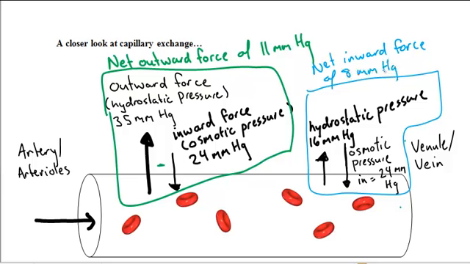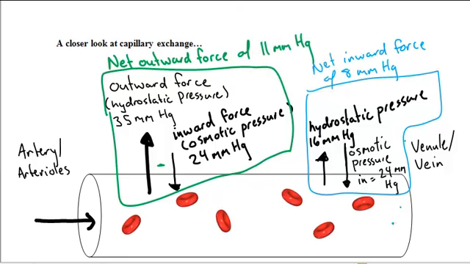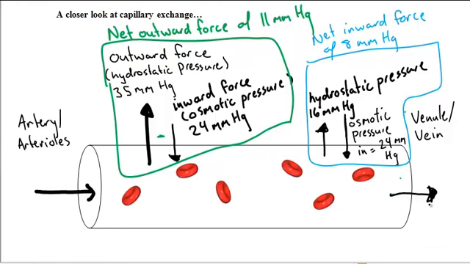So water starts returning into the blood vessel, and along with it in comes some of the waste from the tissue. And then the blood continues to flow onward and out into the vein. So things are going to diffuse according to their respective concentration gradients, but water will move according to the osmotic pressure combined with the hydrostatic pressure.